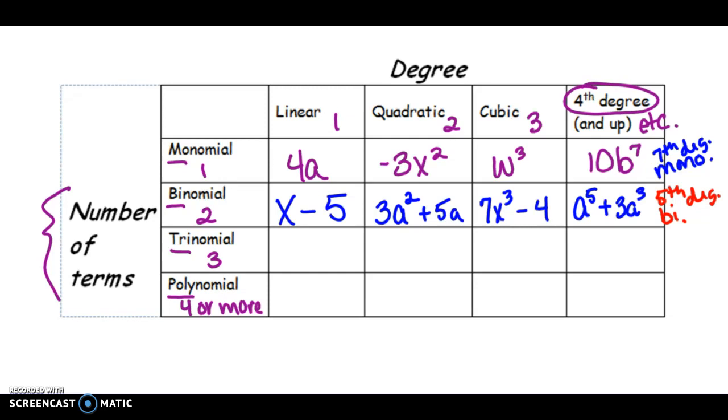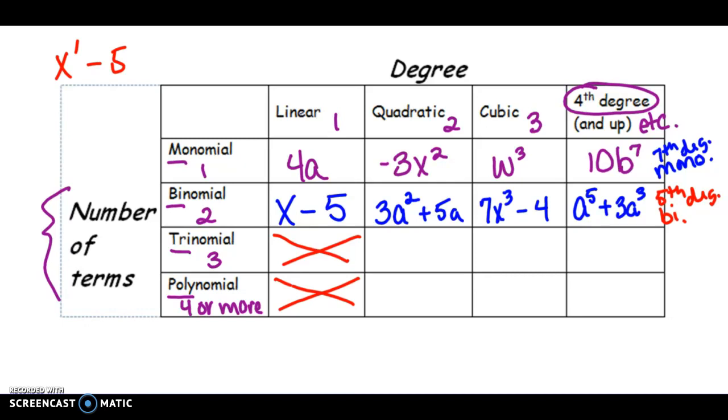Because once I do an x to the first, I can't do anything else except maybe a constant. So the highest I can get is a binomial. So there's no way to get a linear trinomial. And I'm going to go ahead and cross off polynomial because I can't get more than 2 terms.